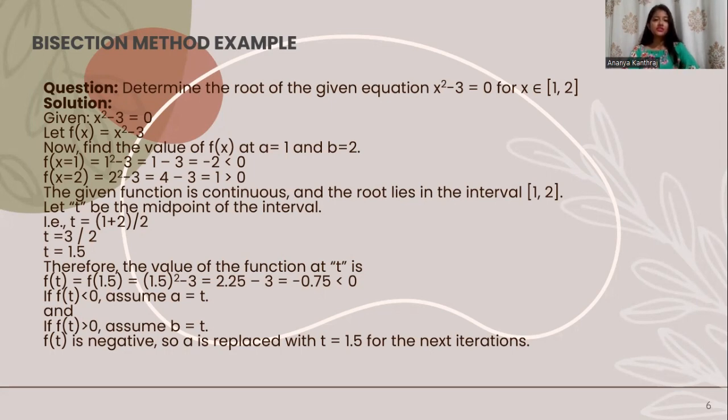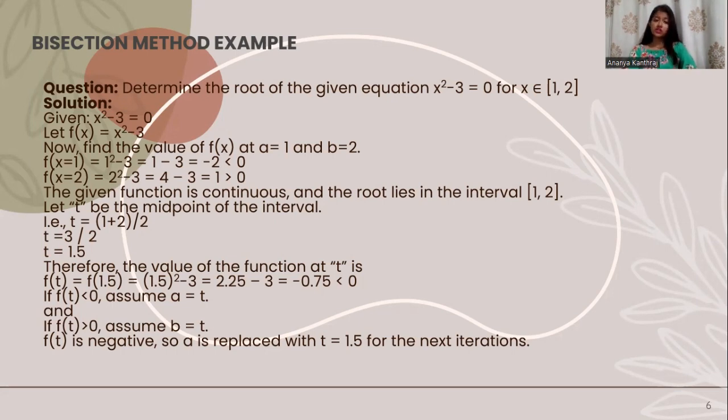Therefore, the value of the function at t is f(t) equal to f(1.5). Substituting this value in the equation x square minus 3, we get 1.5 the whole square minus 3, which is 2.25 minus 3, which is equal to minus 0.75, which is less than 0.